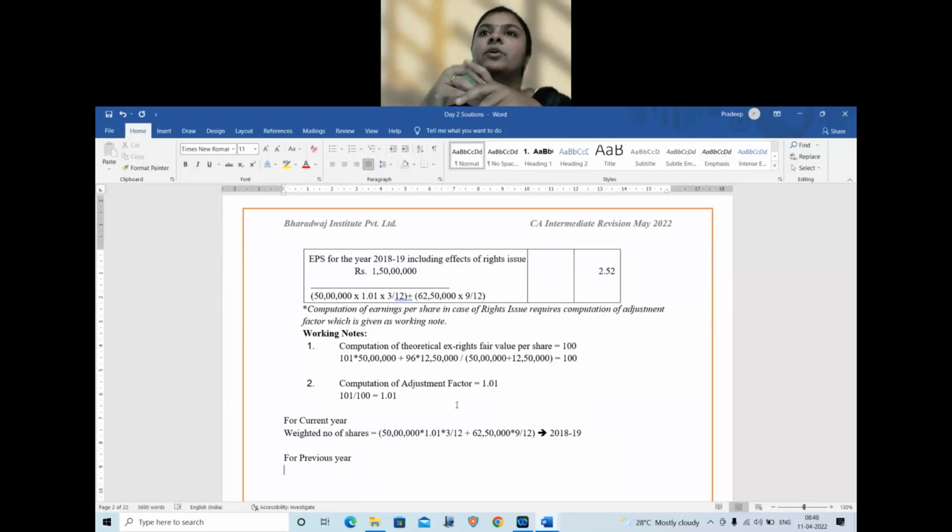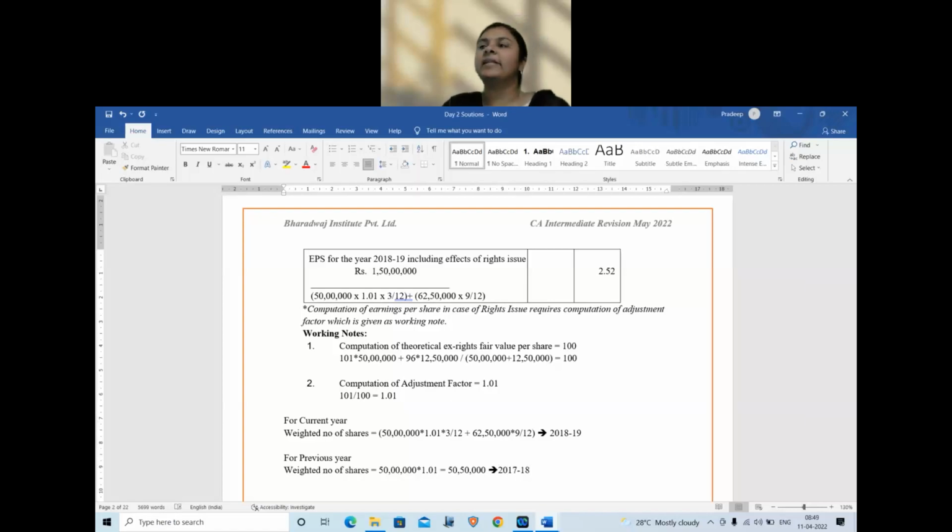In rights, we will just multiply by this rights factor. So weighted number of shares is equal to 50 lakhs into 1.01 for the entire year. Directly multiply, which gives you 50 lakh 50,000. This is for the year 1718.